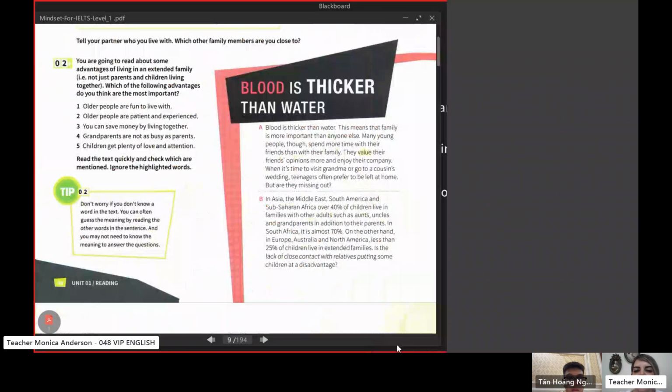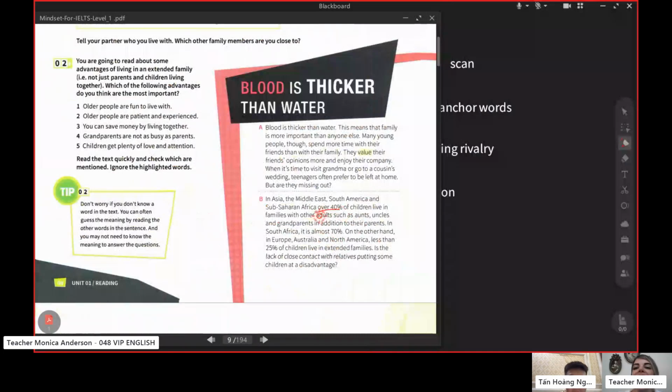First of all, tell me which paragraph, A or B? B. Excellent. And what's the answer? Because we can see anchor words here, and children, of course, keywords. So what percentage? Over 40% of children. Excellent.